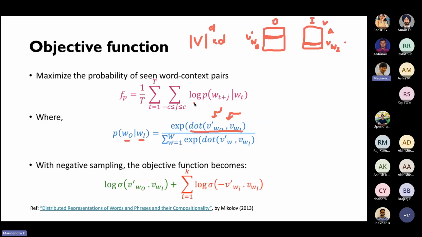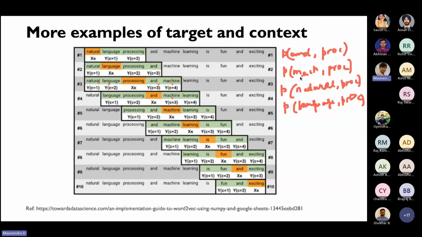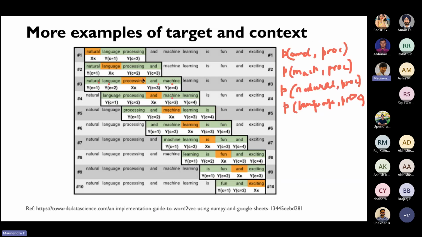We can take a log of it, and here minus c to plus c means minus 2 to plus 2. So these four things come here, and when both these are there, we can consider it as 1. There is no further update, so we can ignore that. And this is for one specific token, which is processing. So this summation will be the contribution to the objective function by this sliding window, this instance. Is it clear?